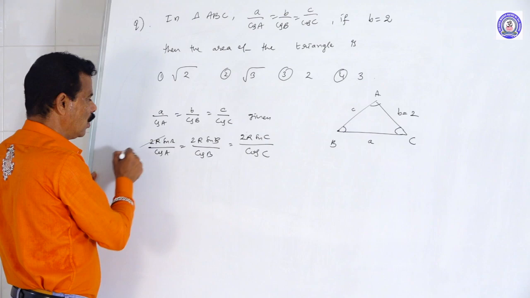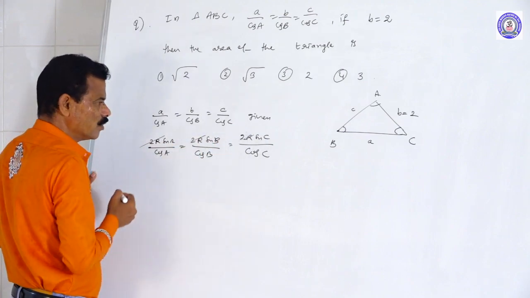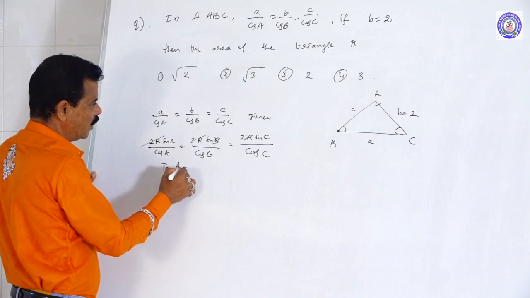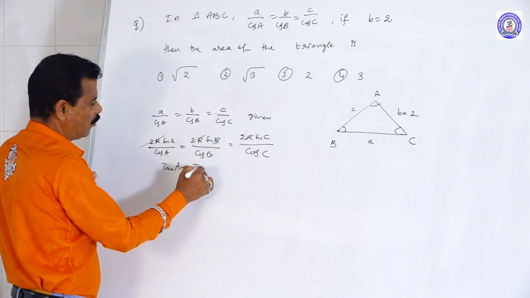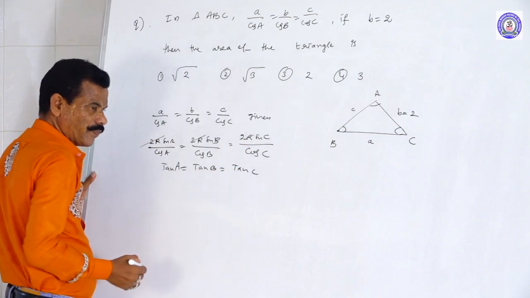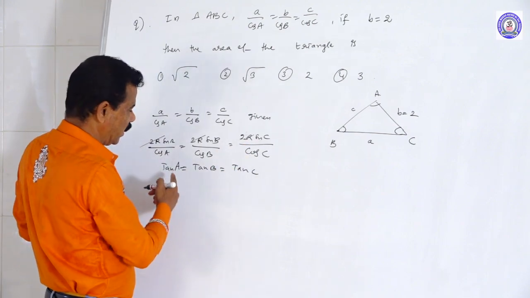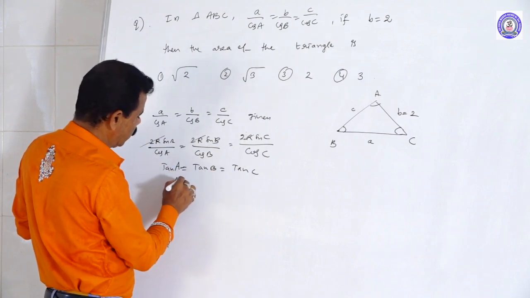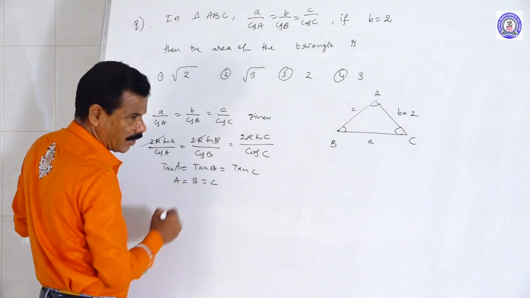So in all, the common ratio 2R cancelled. Here sin A/cos A is tan A, sin B/cos B is tan B is equal to sin C/cos C, tan C. Here also all equal. Tan ratios all equal. From this equivalence, A is equal to B is equal to C.